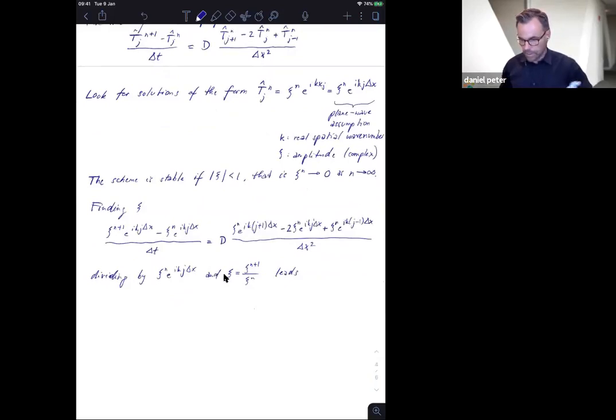And this would lead to an expression for psi, which looks like psi is equal to 1 minus 4D delta t divided by delta x squared times sine squared of k delta x divided by 2.